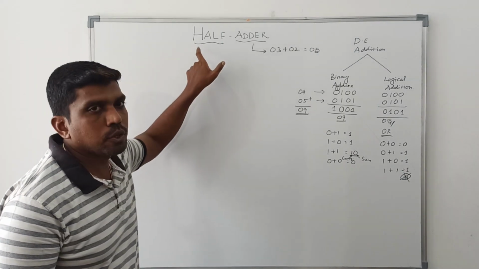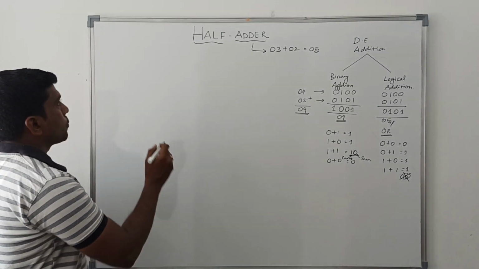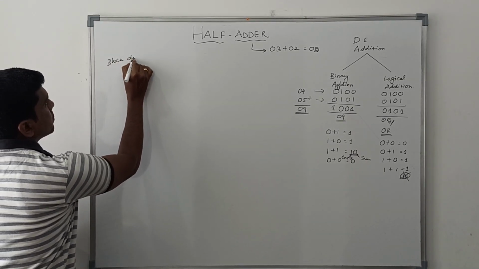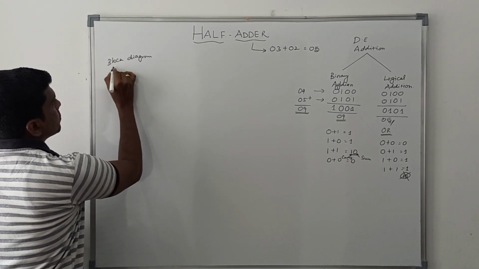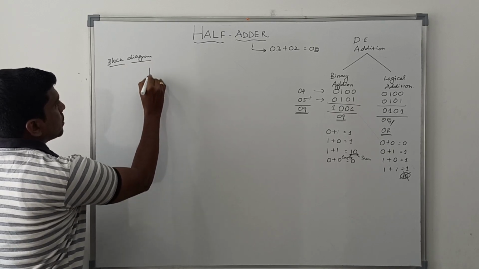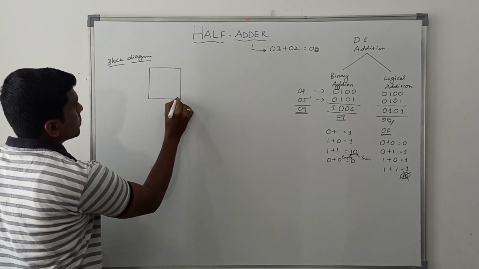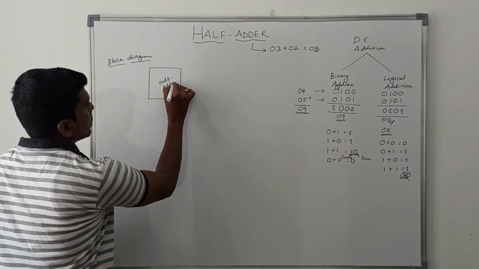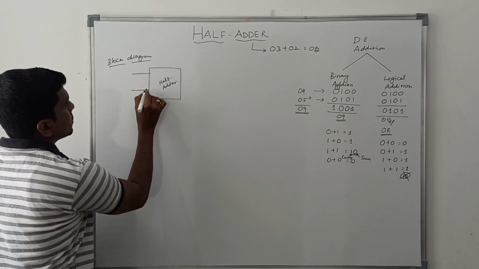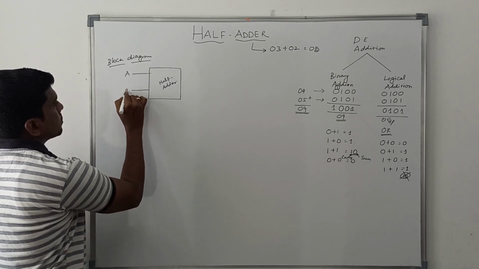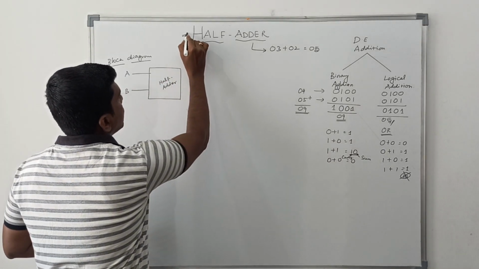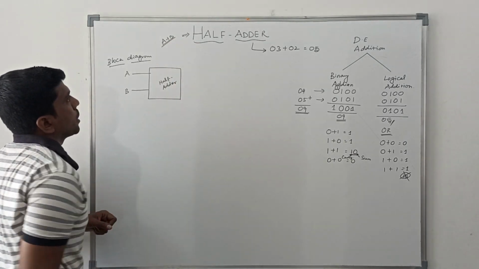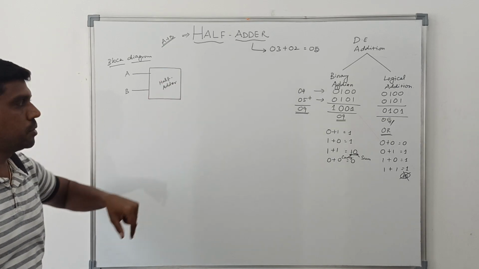So now come to the topic half adder. First I draw the block diagram. It's a simple block diagram. Half adder. It has two inputs, A and B. This half adder just adds two inputs, A plus B. It only supports adding two variables.